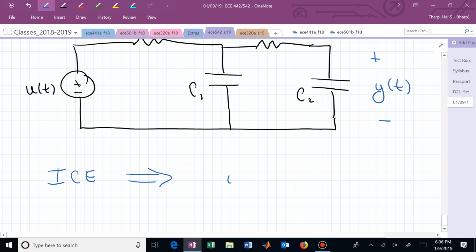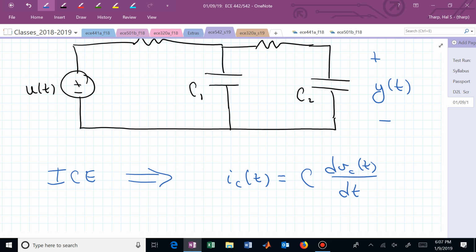It says then that if I'm interested in the time domain behavior of a capacitor, ice tells me what it is. The current through that capacitor, I sub c of t, is now C dV sub c dt. And there is your dynamic behavior.